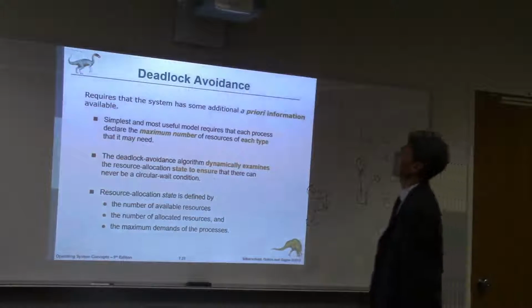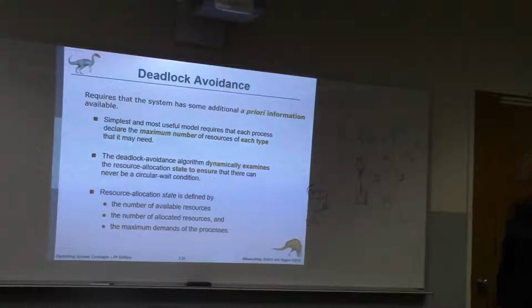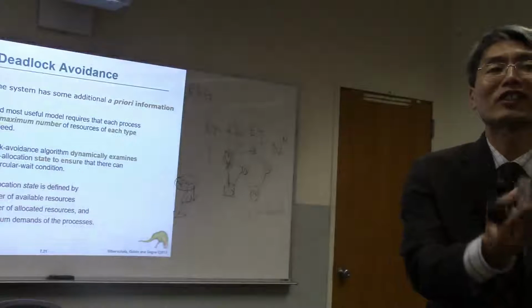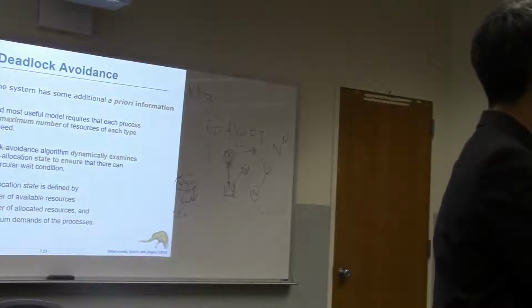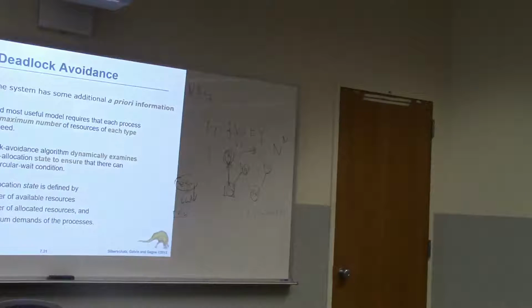The next one is deadlock avoidance. Deadlock avoidance also never enters deadlock. How? If the operating system receives any request from any process, like process A needs the CPU resource, it checks whether this request causes deadlock or not.